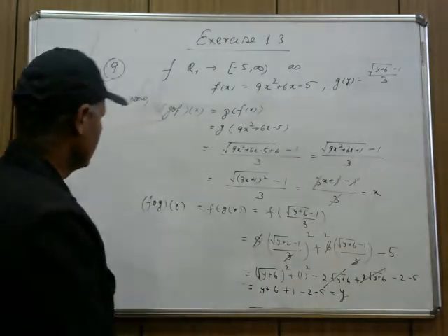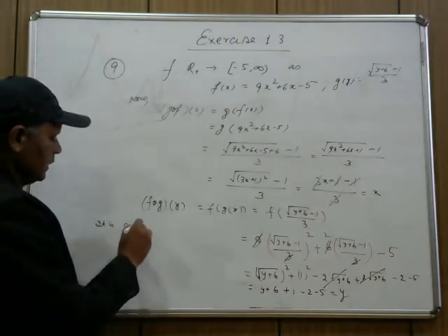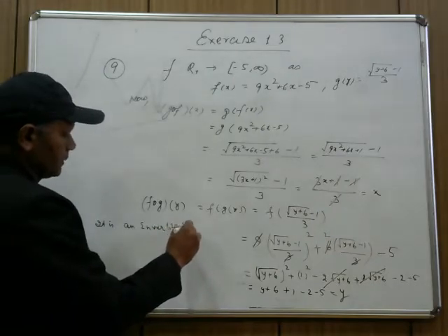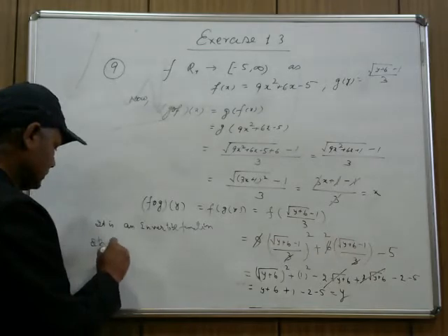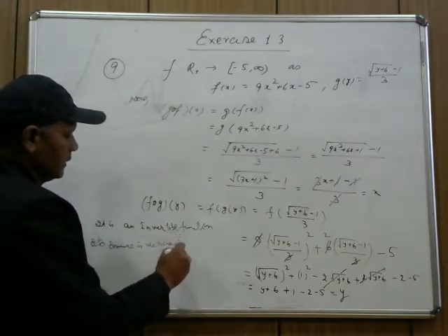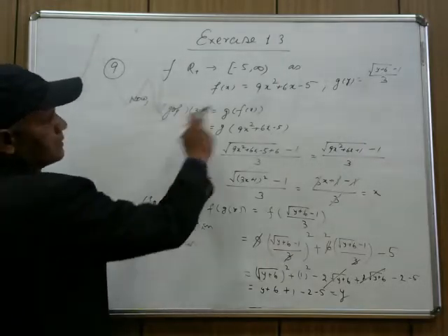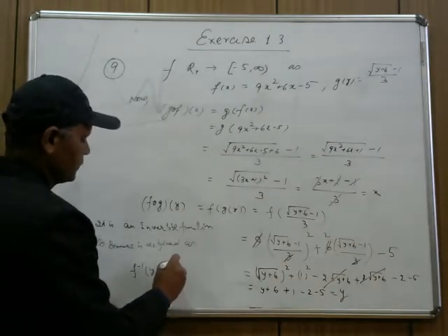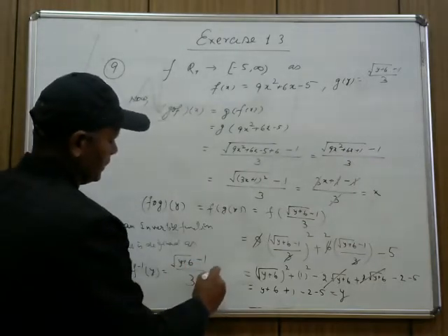Therefore it is an invertible function, and its inverse is defined as f inverse of y, or g of y, is equal to under root y plus 6 minus 1 upon 3, and hence proved.